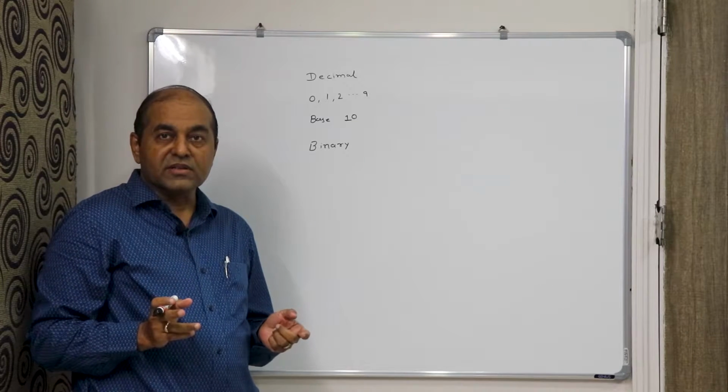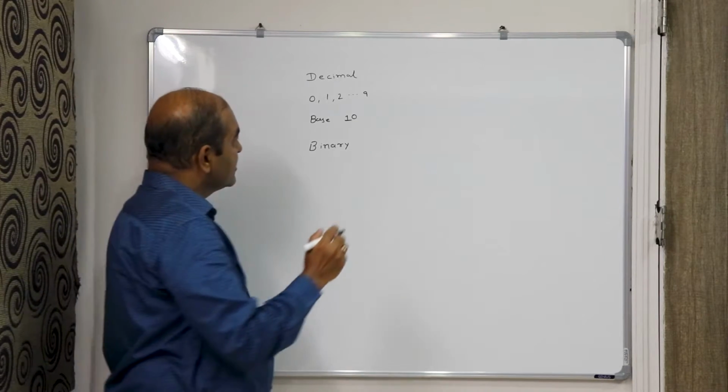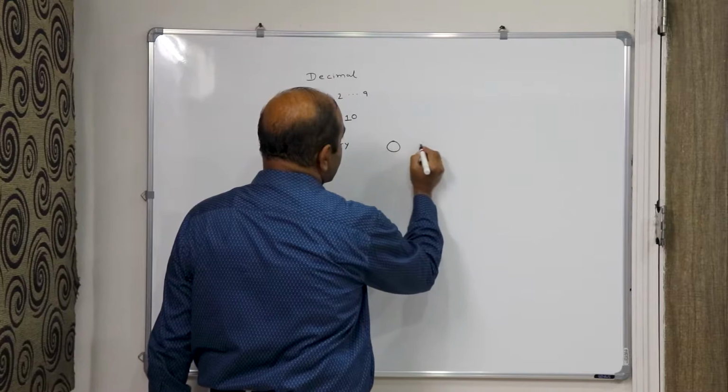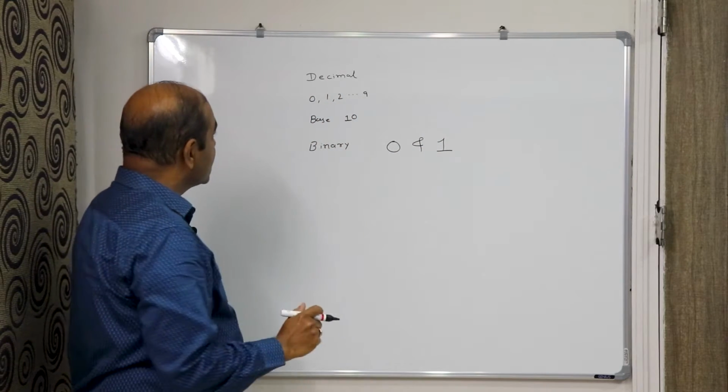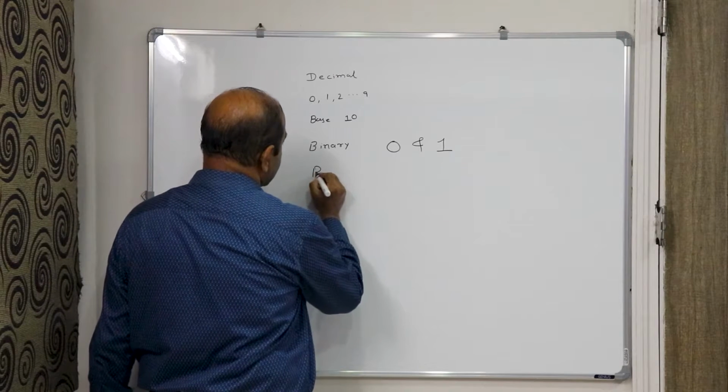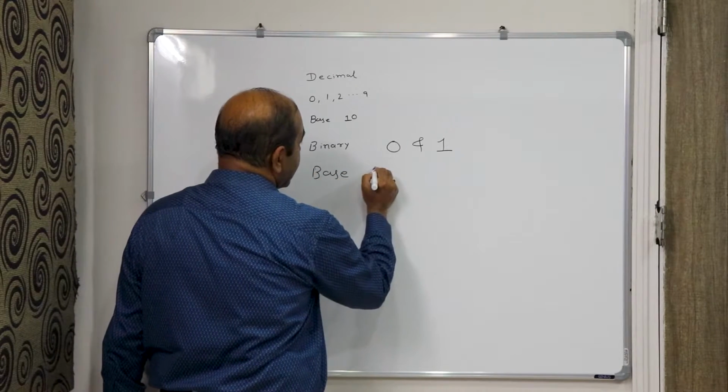In binary number system, there are only two digits, 0 and 1, and that's why base is 2.